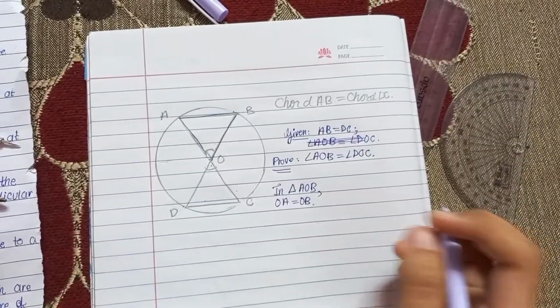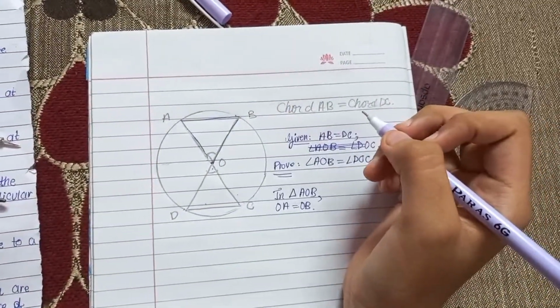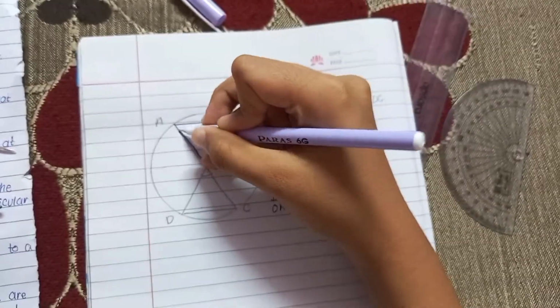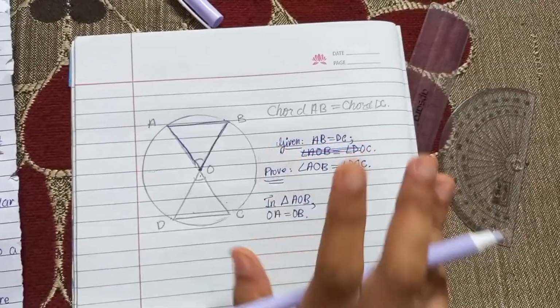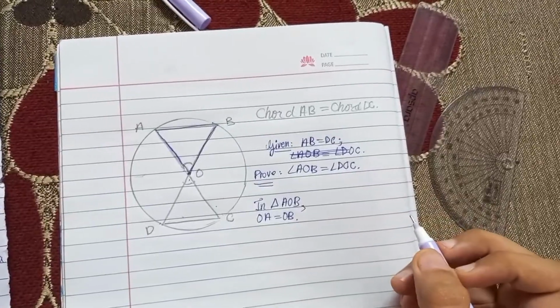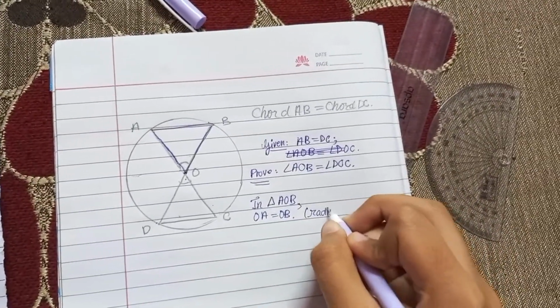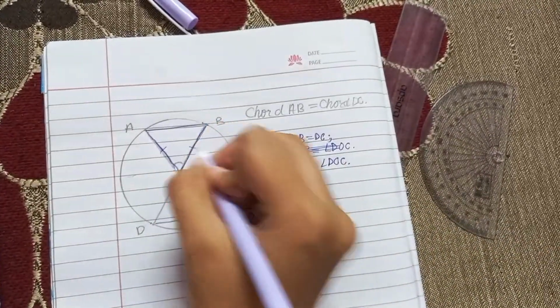Why are they equal? You can see that O is the center of this circle, and they form two radii, and I have told you that two radii are always equal. OA is equal to OB because they are radii. So these two sides are equal.